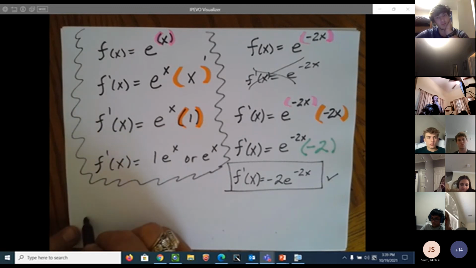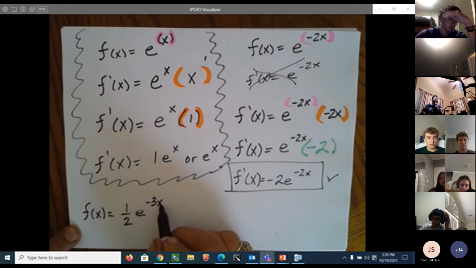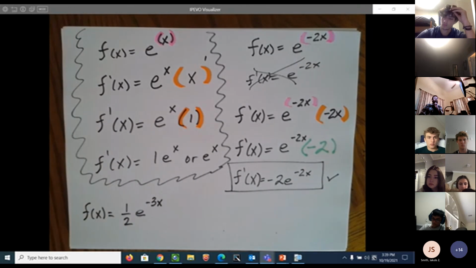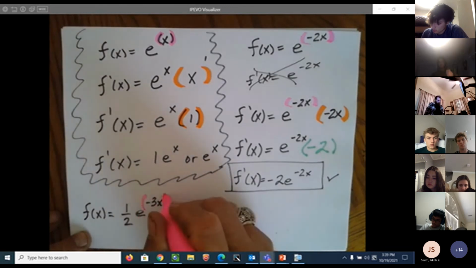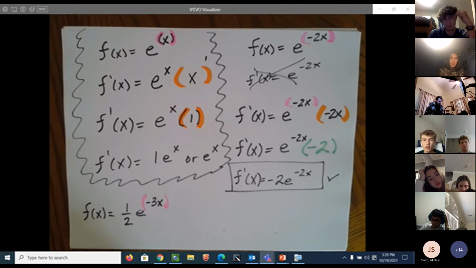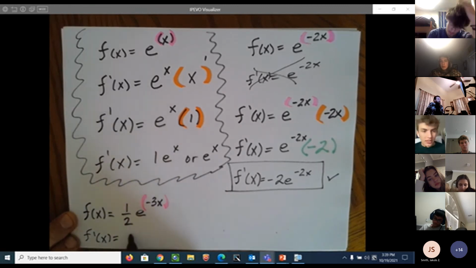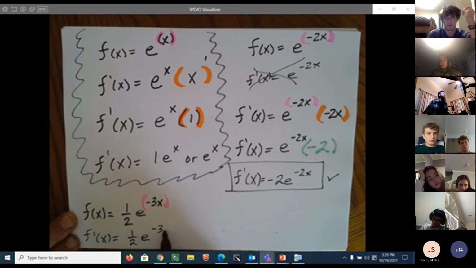So if I give you f of x is equal to 1/2 e to the negative 3x, go ahead and do that one. f prime of x is equal to 1/2 e to the negative 3x.